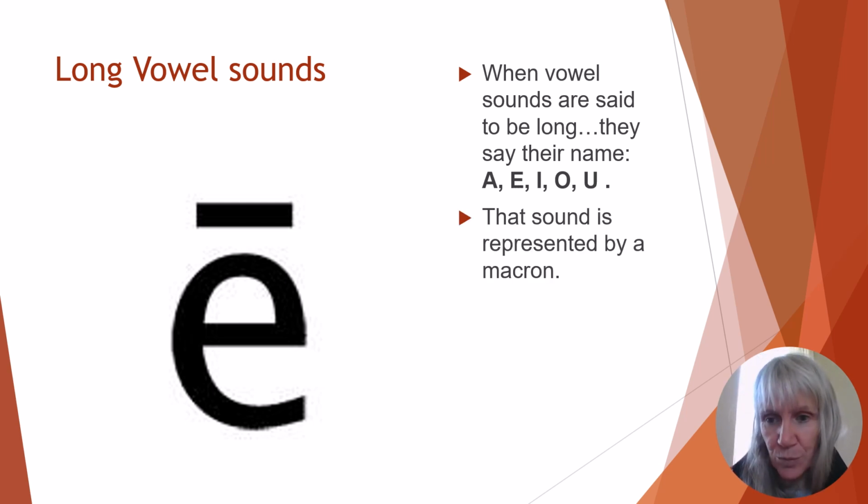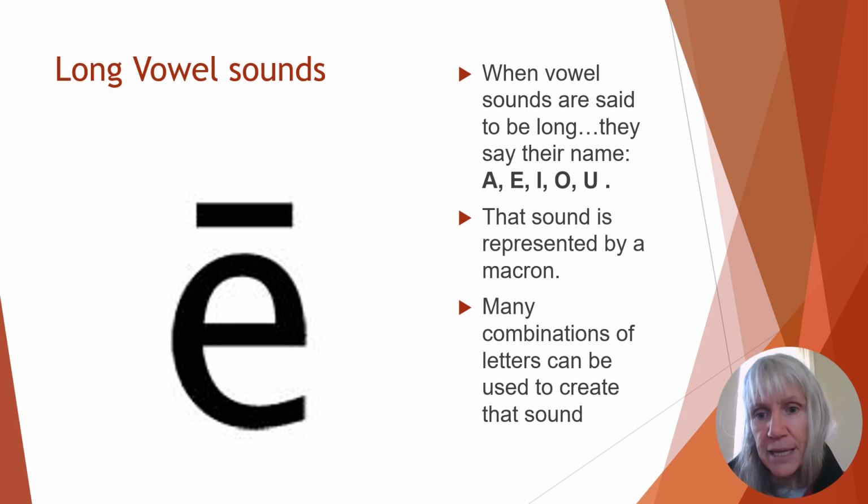That sound, when we know it is a long vowel sound, a vowel saying its name, is represented by a macron. A macron is this line over the vowel. When you see this line over the vowel, we know we're going to hear, for example, E in the word. If I said B as in bumblebee, that E I'm hearing is long, and I will see that over the E. Many combinations of letters can be used to create that sound.